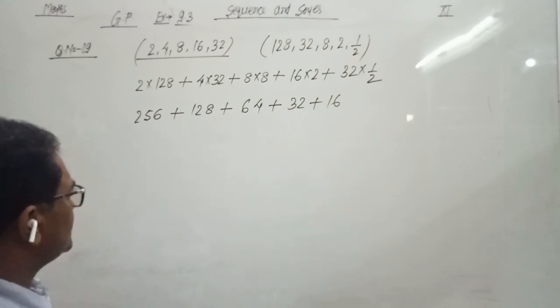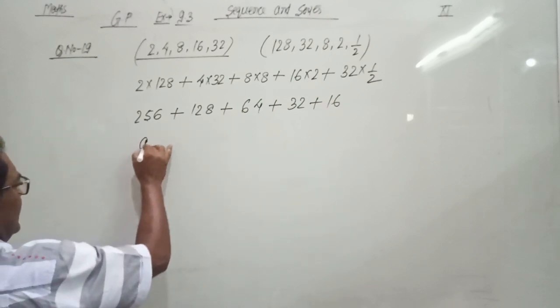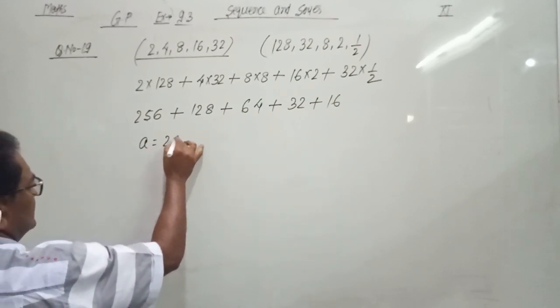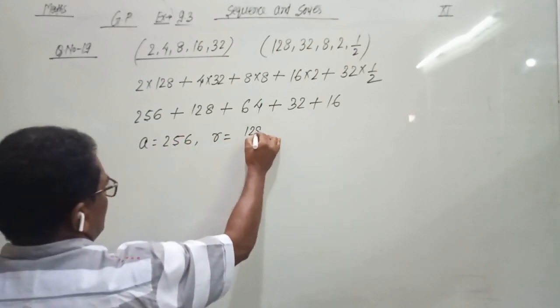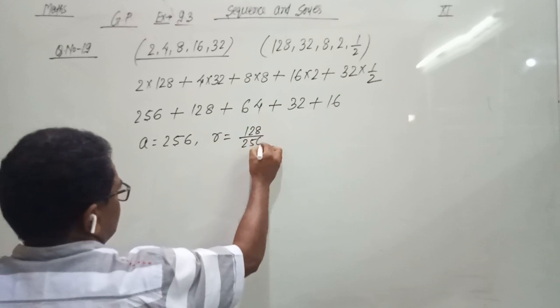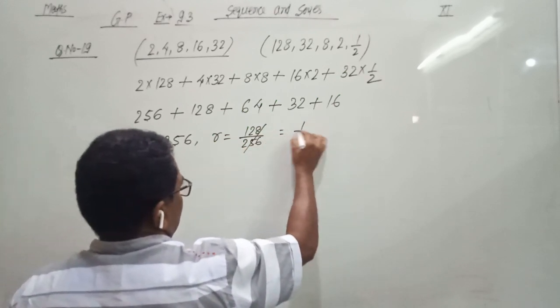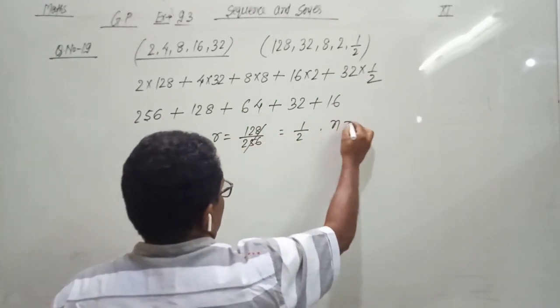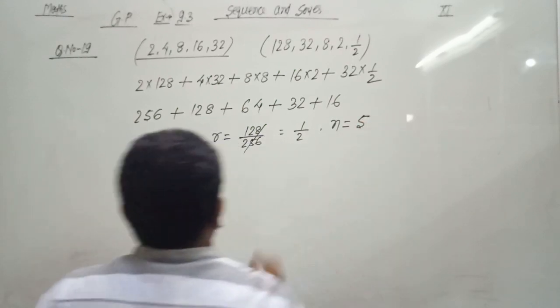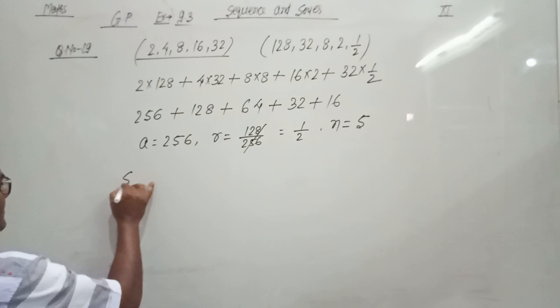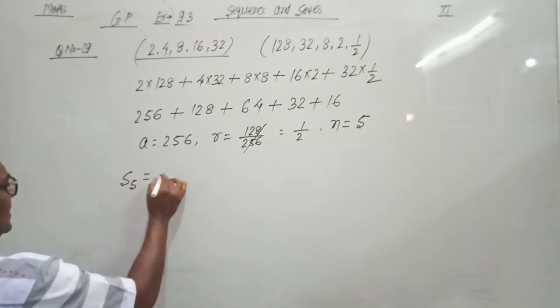So this is a GP whose first term A is 256 and common ratio R is 128 by 256, that is 1 by 2, and the number of terms is 5. So find the sum to 5 terms, S5.